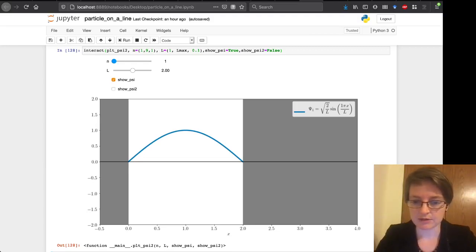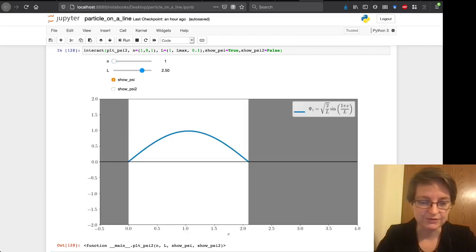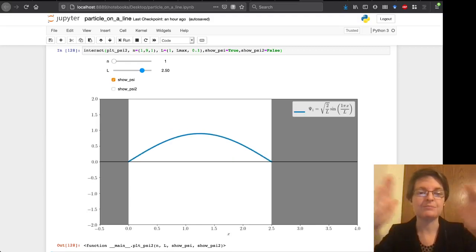Just like we wanted it to, this function goes to 0 at both the points x equals 0 and x equals L. Here on my graph it's x equals 2 because I've set L to 2. But if I change this slider and move things around, my wave function is still always bound to be 0 at the points x equals 0 and x equals L.